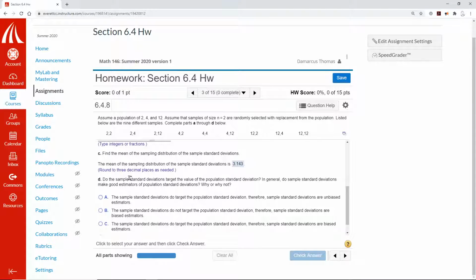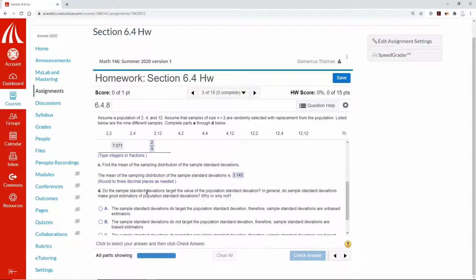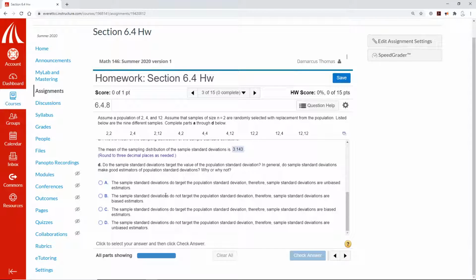So you just choose one of these. Do the sample standard deviations target the value of the population standard deviation? In general, do sample standard deviations make good estimators of population standard deviations? So I'm leaning towards B. The sample standard deviations do not target the population standard deviation.